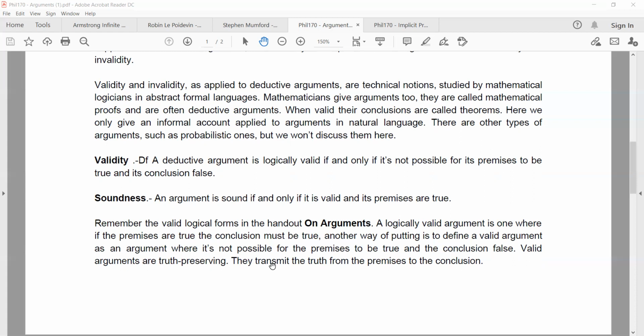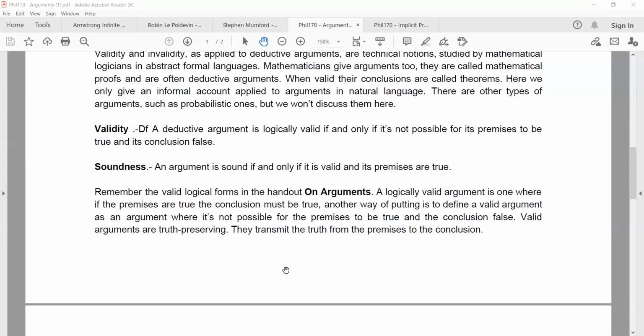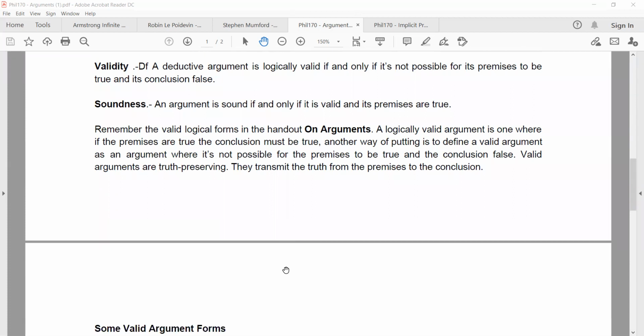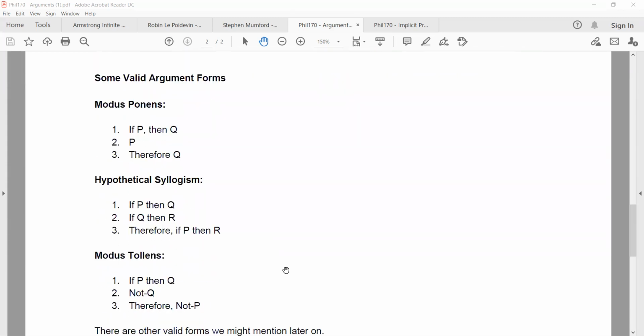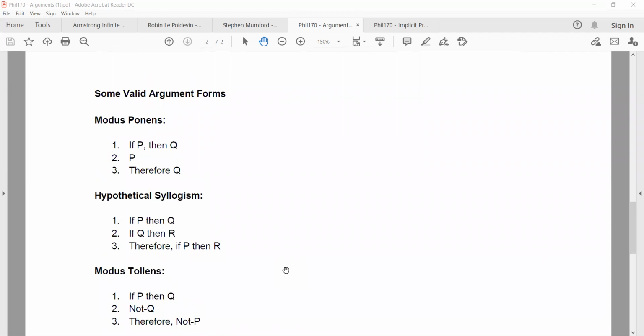So just as in the definition, if the premises are true, the conclusion must be true. So whenever you want to present the strongest possible type of support for your conclusion, you should try to provide a valid argument. One way to do so is to just look at the valid argument forms, some of which are the ones in the handout on arguments.